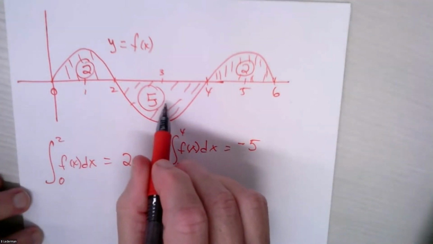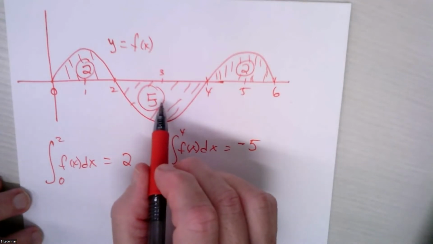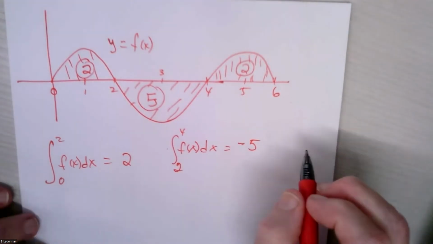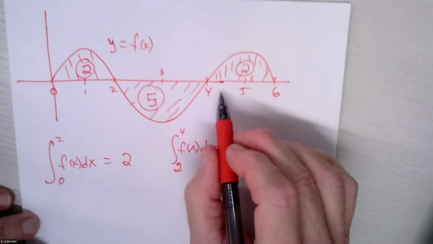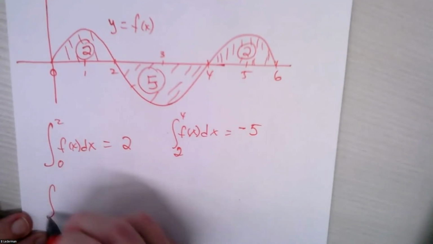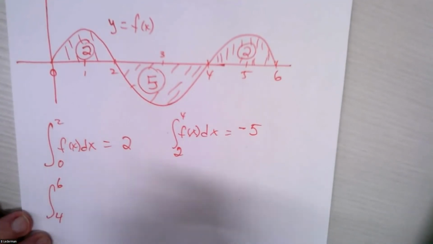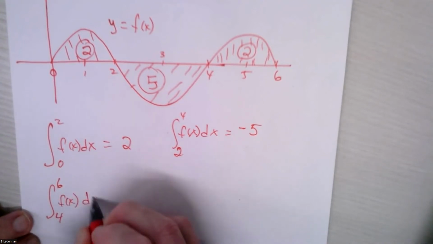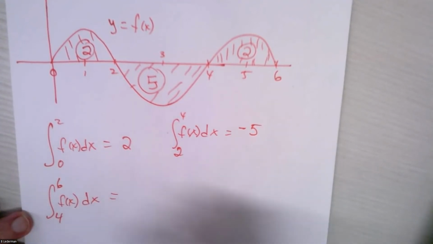Even though it takes 5 square feet of carpeting to carpet it, it's below the x-axis, so the integral is negative 5. The integral of this guy here from 4 to 6 of f of x dx is equal to positive 2.